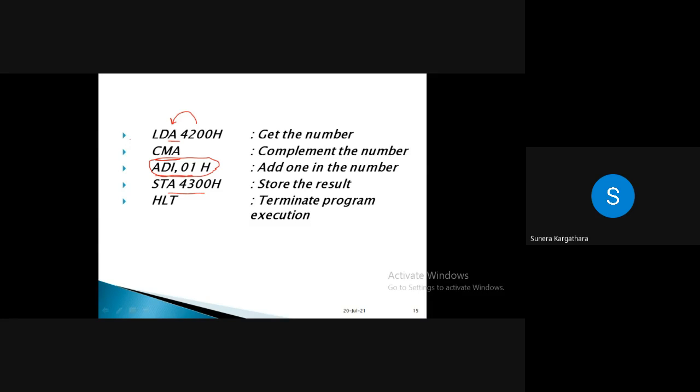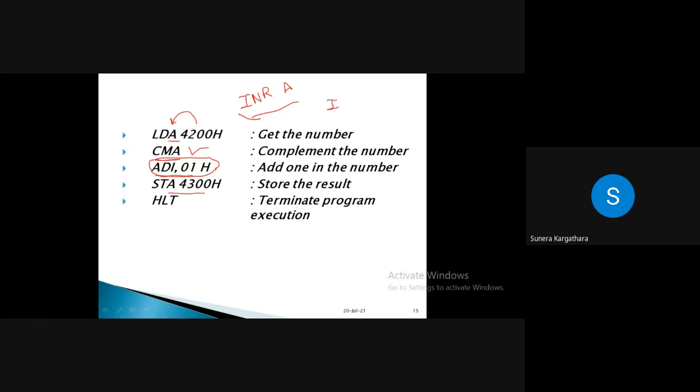INX means your whole register pair will be incremented by 1. But here I want to add 1 only into a register. So INR. If I write INR A, it will increment whatever the content of the accumulator is, adding 1 into that. Yes or no, Ayush?